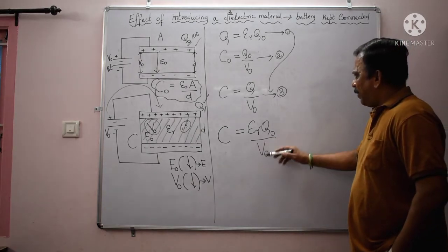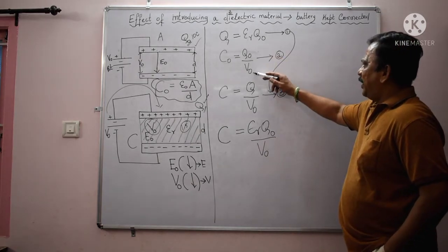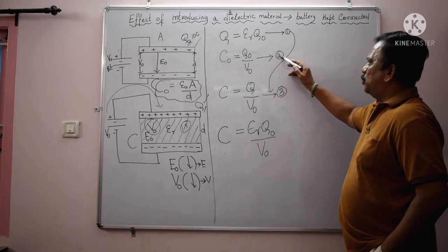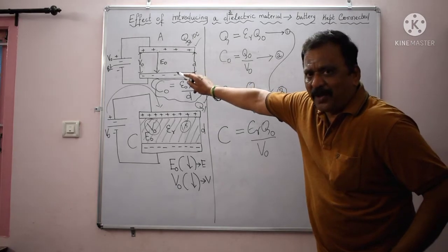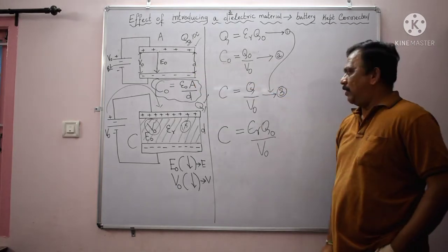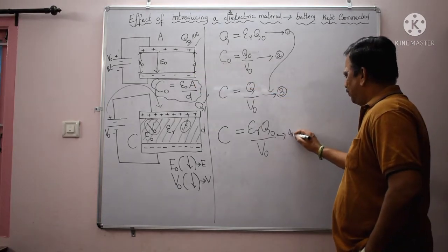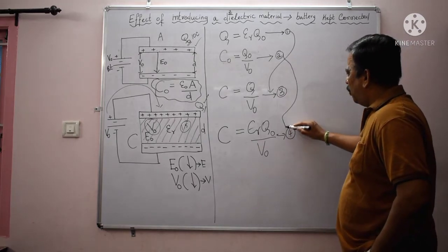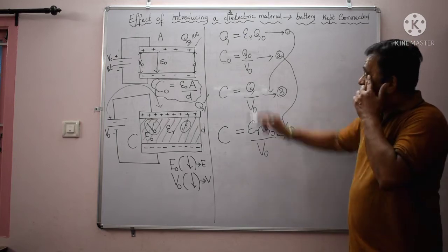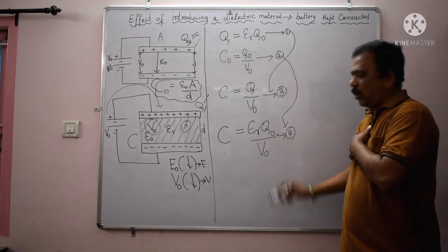What is Q0 by V0? Q0 by V0, as per equation 2, is the capacitance of the capacitor before introducing dielectric material. So let me take this as number 4. Now I am going to substitute 2 in 4. That is, instead of Q0 by V0, I will be substituting C0.